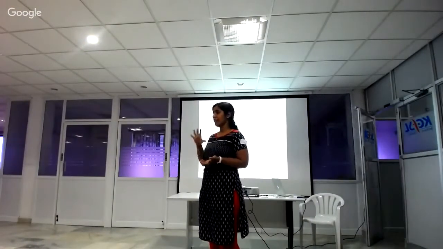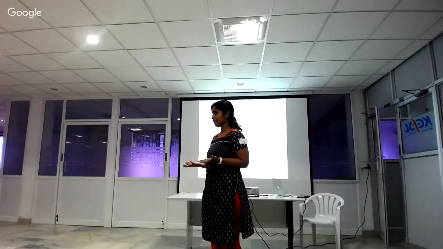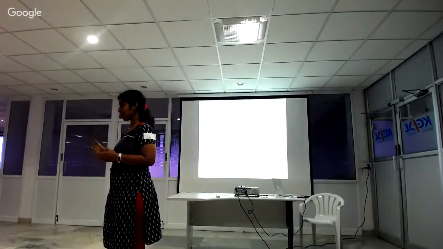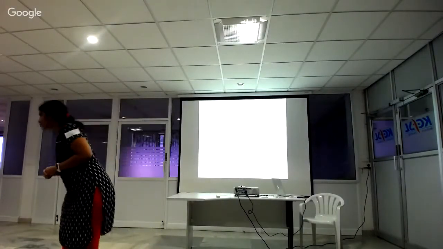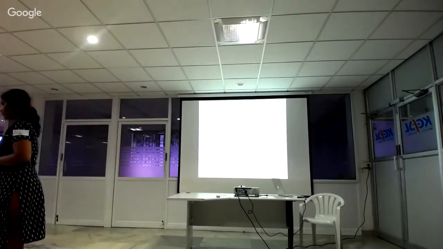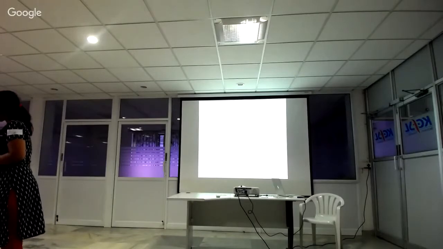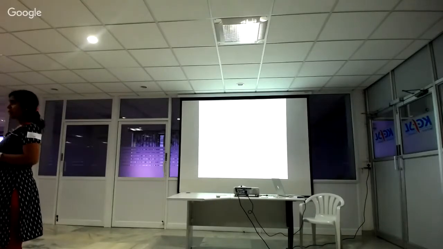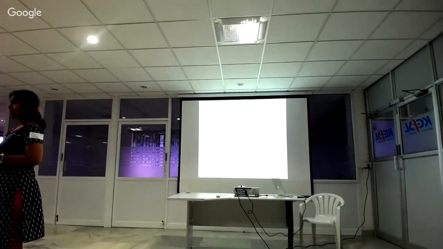So you have something called a feature. What is a feature? A part of a requirement. In business terms, a feature is something that will do some functionality for the end user.